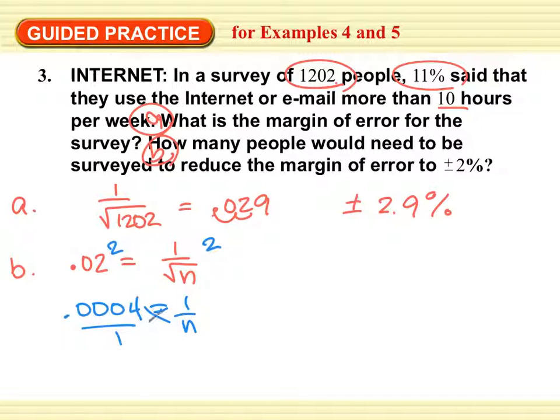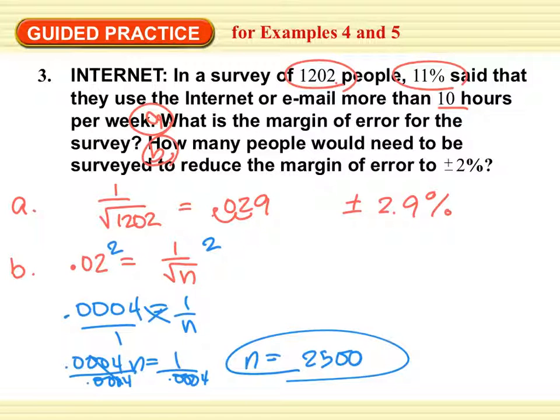Okay, cross multiply, I have 0.0004 n equals 1. Divide both sides by the decimal. I have n equals 2,500 people. You'd have to survey a lot more people to reduce your margin of error to 2%.